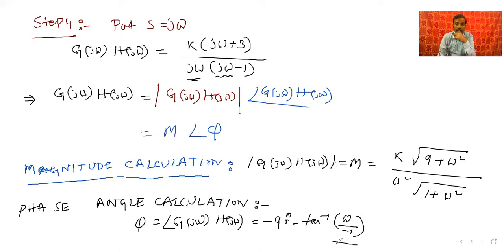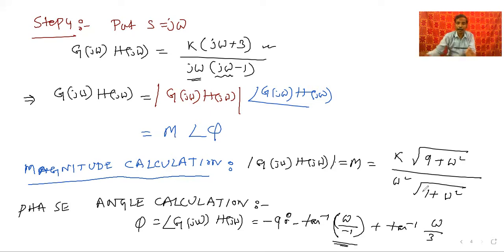This is the very special case. And plus tan inverse B by A, omega by 3.